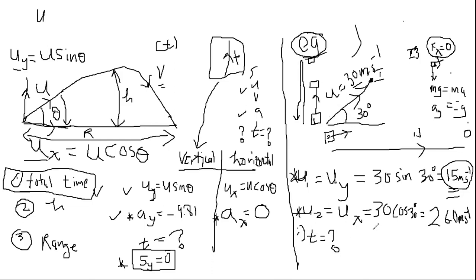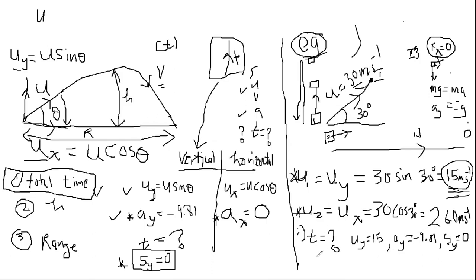So uy is how much? uy we found is 15. ay is how much? ay is negative 9.81. Then the hidden information, your Sy is how much? Sy is 0.